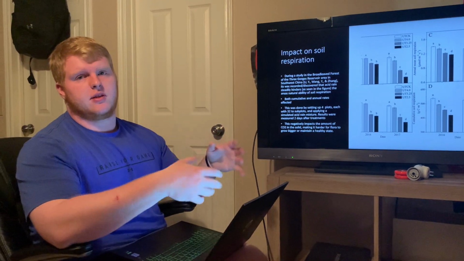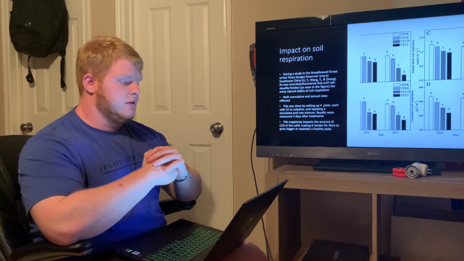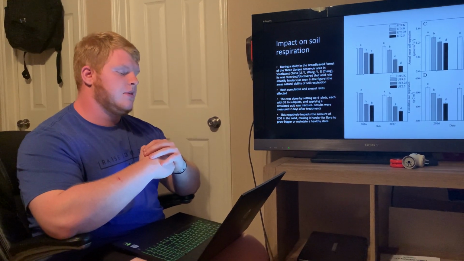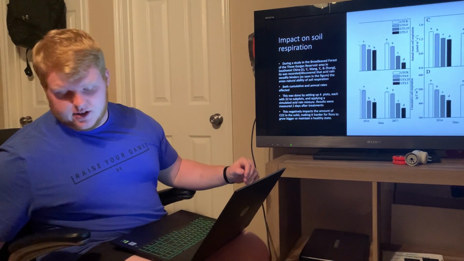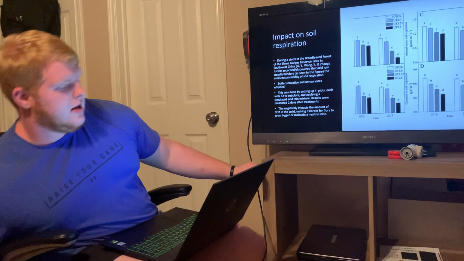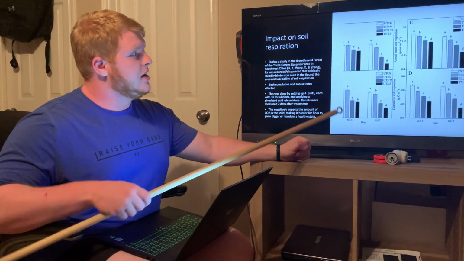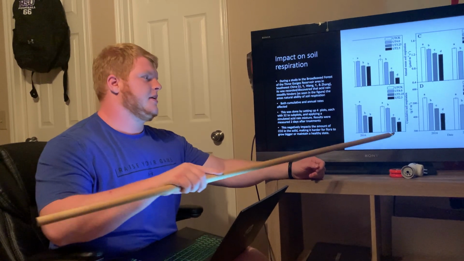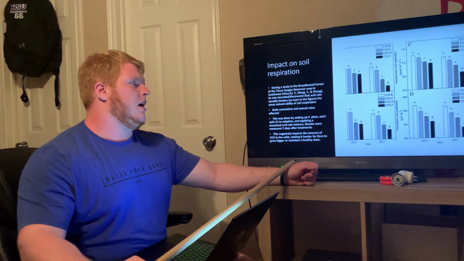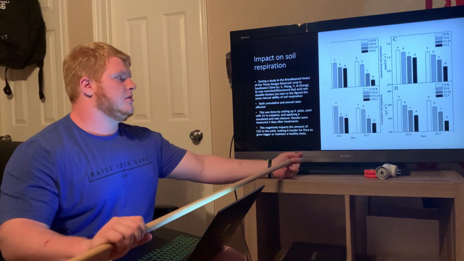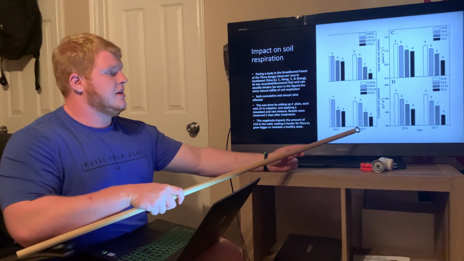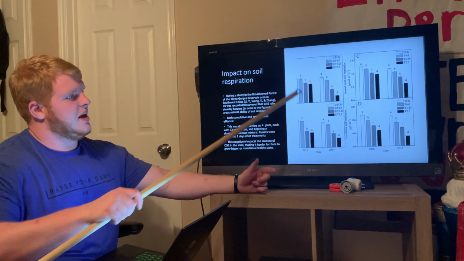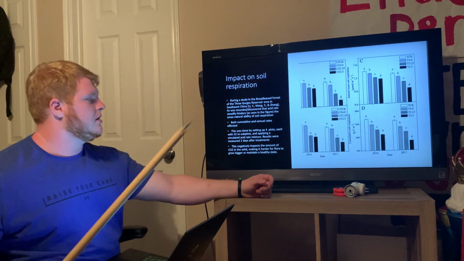Soil respiration is putting the CO2 back into the soil. Both cumulative and annual rates were affected. These are the annual rates, and these are the cumulative rates. As you can see, they're identical, and year to year, 2016 to 2017 is pretty much the same for each study.